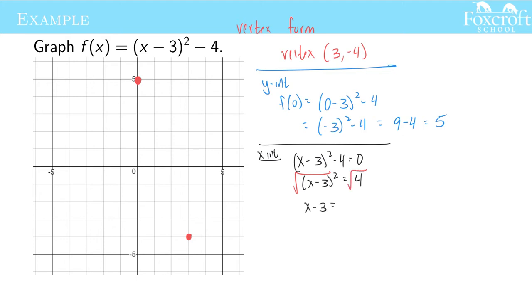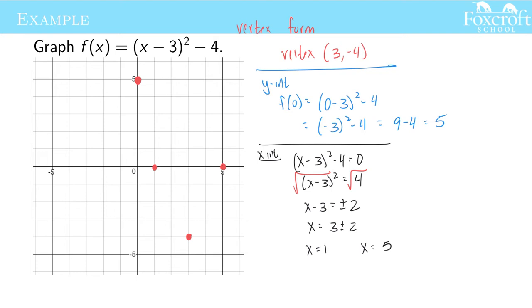Remember, the square and the square root cancel, and whenever you take the square root of an equation, you have to get a plus or minus. Then add that 3 to the other side. 3 minus 2 is 1. 3 plus 2 is 5. So I get those 2 x-intercepts at 1 and 5.